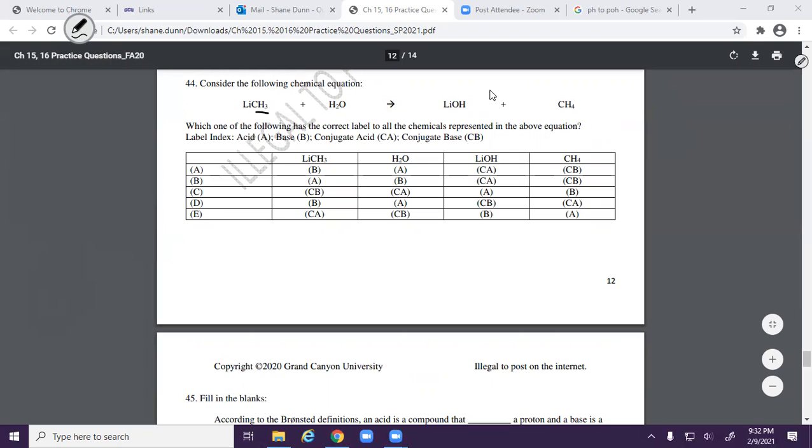CH3, right? Where did the hydrogen come from? H2O, right? So H2O gave up a hydrogen, meaning that's my acid. If that's my acid, that's my base. Does that make sense? Okay, going over here.